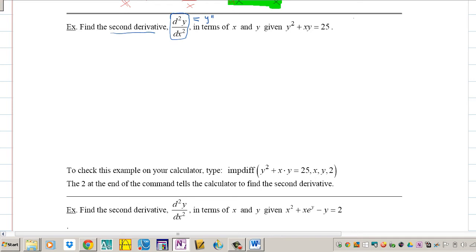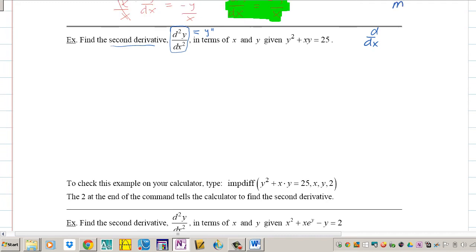So let's talk about how this notation got derived. You guys know that the derivative is d over dx. And if you want to take the derivative of something, it would be d over dx of whatever you want to take the derivative of.